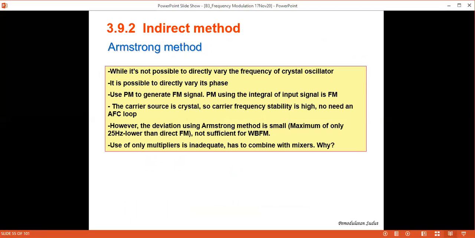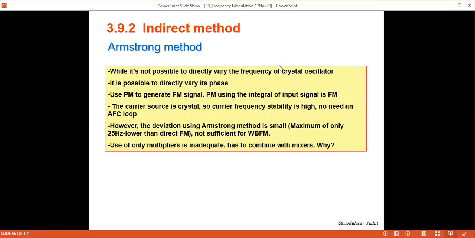Next is using the indirect method. So with the indirect method, you notice this keyword Armstrong, that we saw first in the final year exam sample I showed before. So with this indirect Armstrong method, we generate the FM signal using a phase modulator, PM. Okay, so even though it's not possible to directly vary the frequency of a crystal oscillator, it's possible to directly vary its phase.